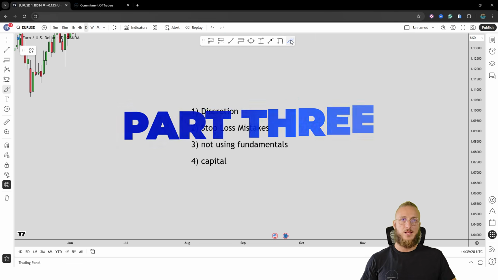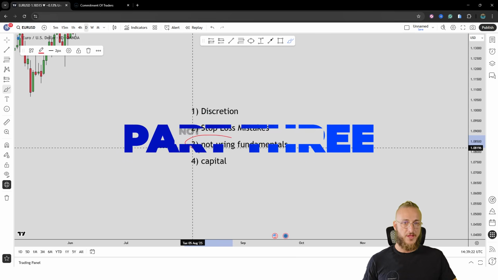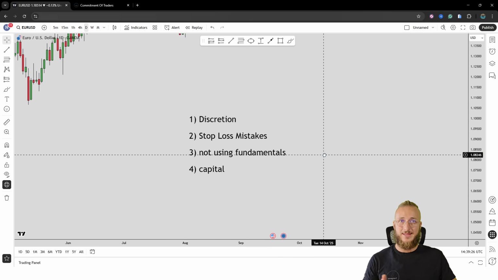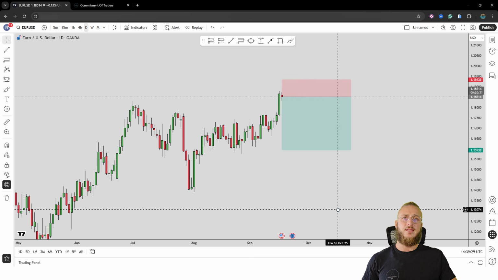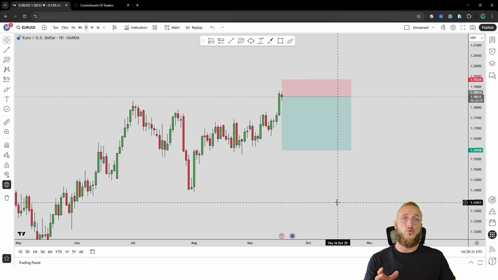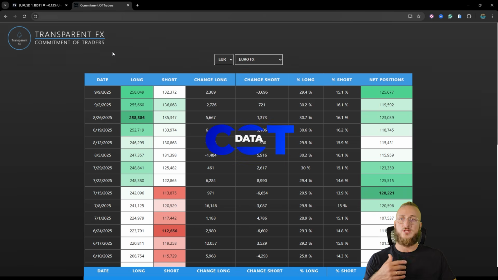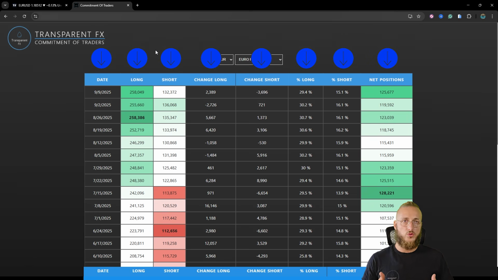The third thing that I want to speak about is not using fundamentals. Now, I'm not speaking only about fundamental analysis. You know my take on fundamental analysis. I think that when it comes to fundamentals, the easiest way is looking at the non-commercials when it comes to the commitment of traders, because hedge funds and anyway speculators, big institutional speculators that are in the market to make money, they are following the fundamentals better than you as a small retail trader could ever do.